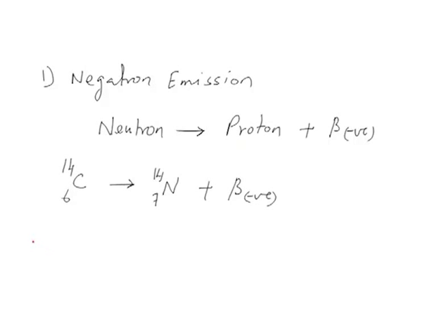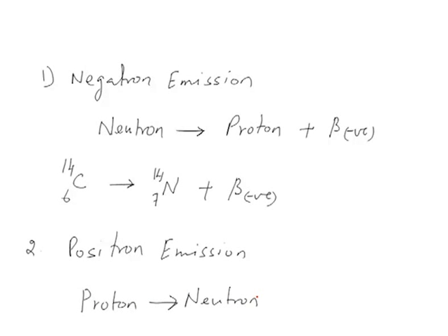Now, the second one is decay by positron emission. Positron is just the opposite of negatron, like a beta particle which is positively charged rather than negatively charged. What happens here is that rather than a neutron being converted to a proton, a proton is converted to a neutron, plus a positively charged particle, or beta particle, as you can say.